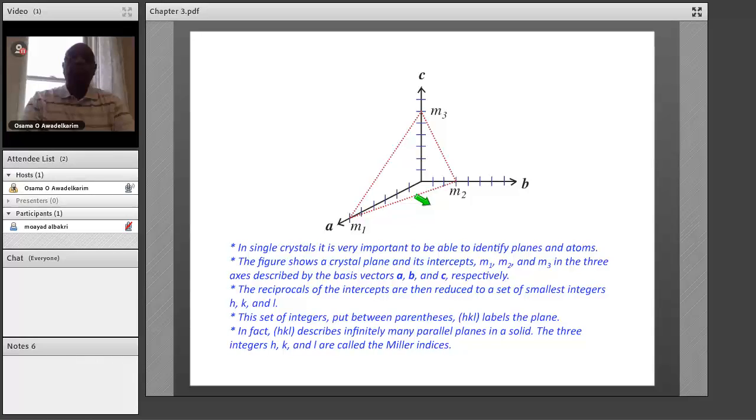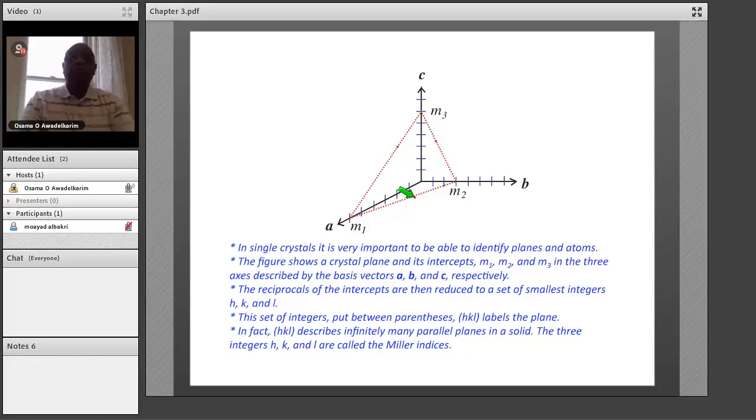So in a single crystal, let's assume that what you see in red here is one plane on this single crystal. How do we define this plane? How do we specify this plane?